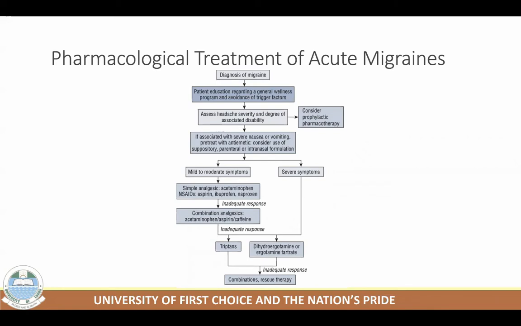Then assess headache severity. Usually, headache severity is a subjective exercise, even though sometimes you use a pain scale to try and bring in objective measures, but it's essentially a subjective experience. Also, specialists who treat migraines are trained to listen more to the patient.